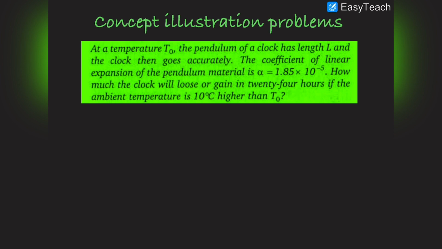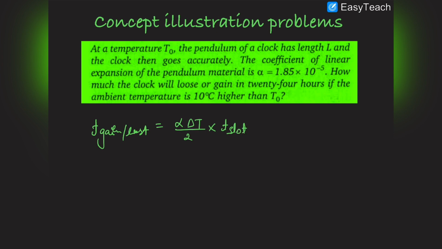We have already formed a formula that time gained or time lost is equal to alpha delta T divided by 2 into T slot, which we have already discussed.